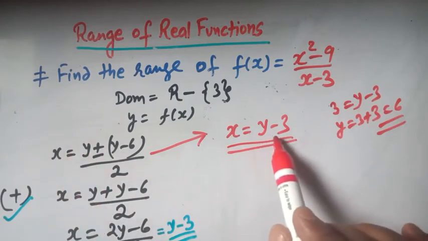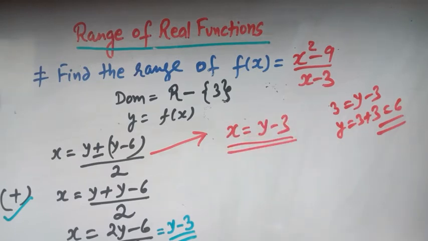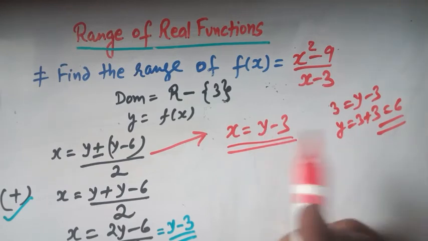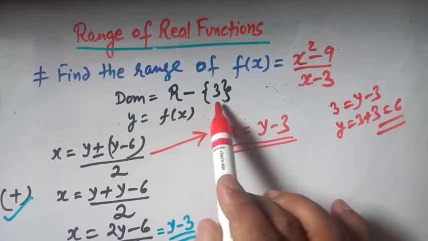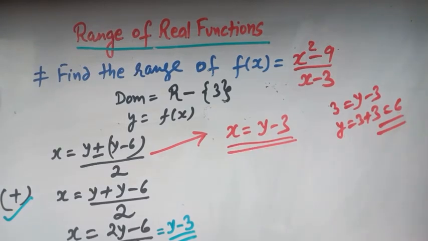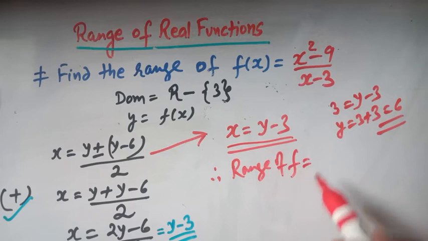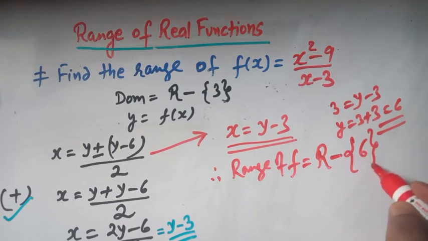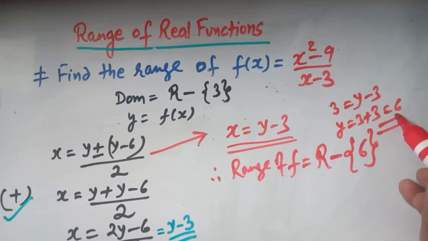Now from this equation, at first glance, it seems that the range is the set of all real numbers. But see, in the domain, we cannot have x is equal to 3. So when x is equal to 3, the corresponding value of y is 6. Therefore, the range of f is R minus, and we will exclude 6 because we cannot take y is equal to 6.